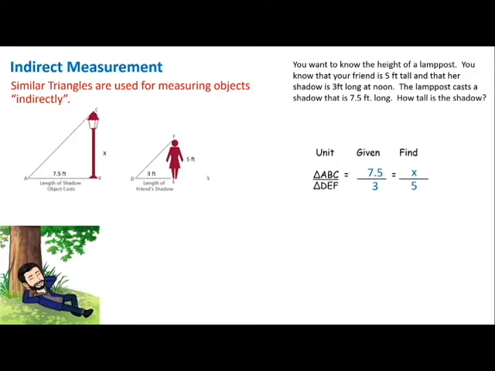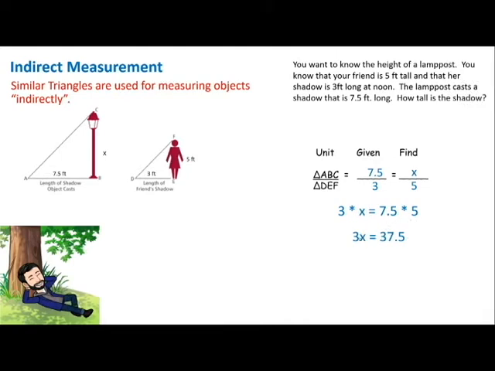You've already done the hardest part of the problem because once you have this set up as a proportion, the means extremes property tells us how we can solve it. I'm going to take the 7.5 times the 5, and I'm going to take the 3 times the x. If you're unfamiliar with the means extremes property, then you need to go back and watch our lesson on proportions. Once you've done that, we're going to simplify this just a little bit. 3 times x is 3x. 7.5 times 5 is 37.5.